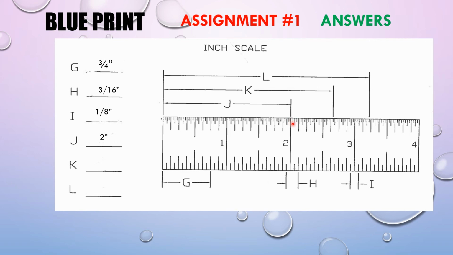So it's 1, 2, 3, 4, 5, 6, 7, 8, 9, 10, 11, 12, 13, 14, 15, 16, 17, 18, 19, 20, 21. So it's 21 32nds of an inch. That cannot be reduced. So it's 2 and 21 32nds of an inch.